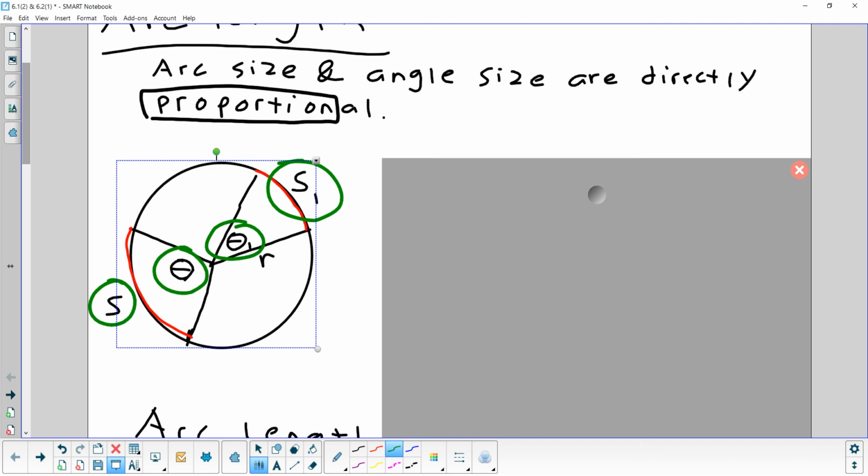Or let's even just take one step back. What would be a special length that that arc could be that's the same as something else in that circle? And if it is this, then that angle is automatically something. But you just want to know what could this arc length be the same as in that circle?